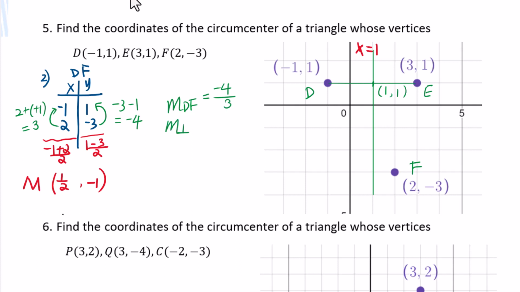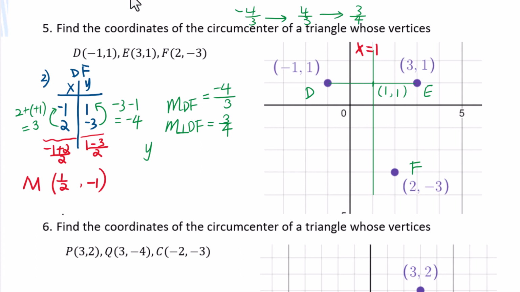Then the slope of the perpendicular bisector of DF equals 3 over 4. Because for -4 over 3, we take its opposite, 4 over 3, then the reciprocal will be 3 over 4.